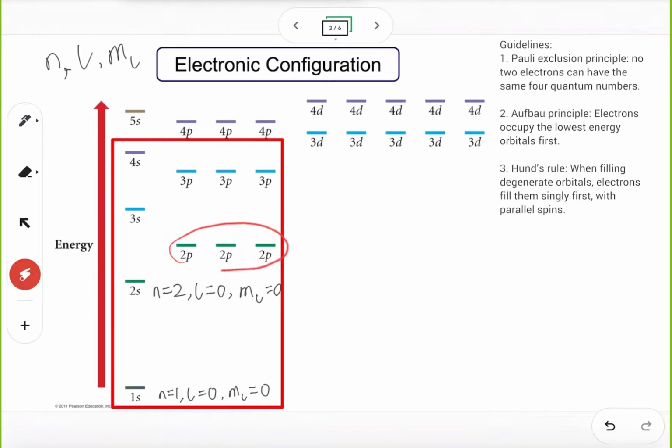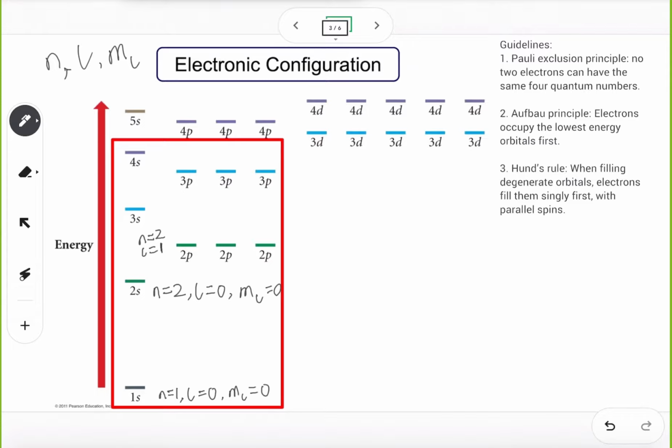How about the 2p orbitals? Same thing. For this 2p orbital, the quantum numbers are n equals 2, L equals 1, because it's 2p. P represents the value of L as 1.